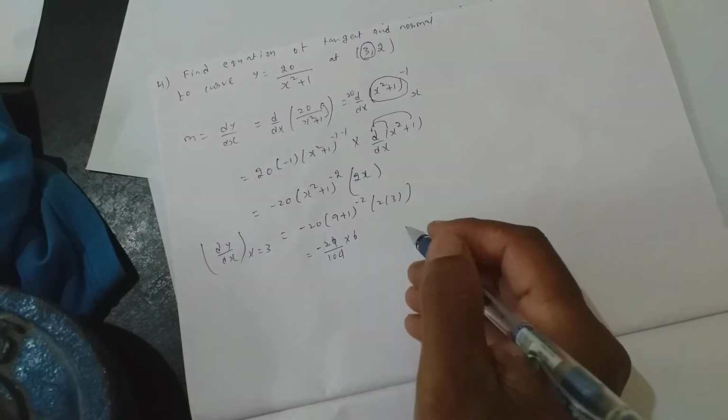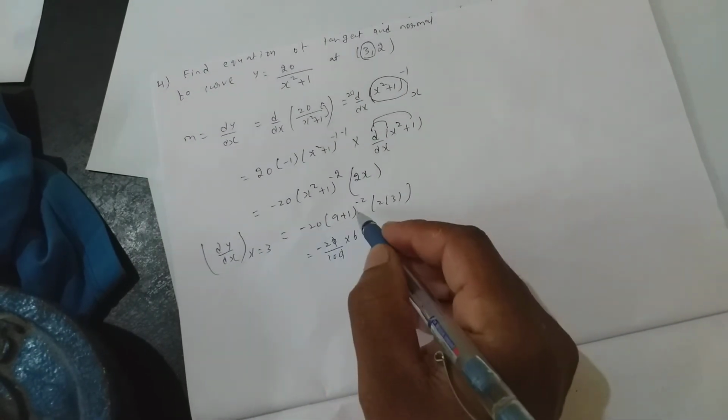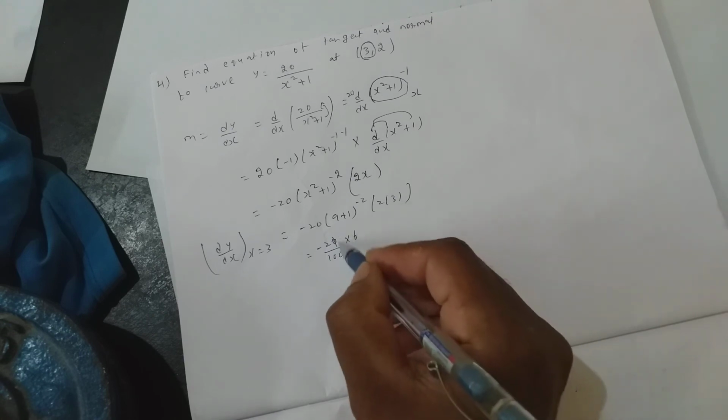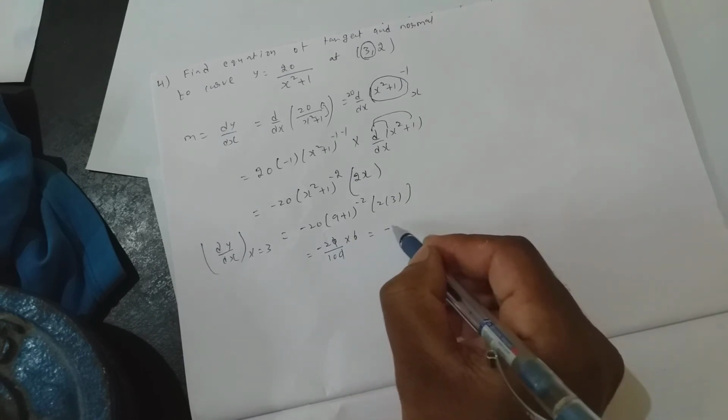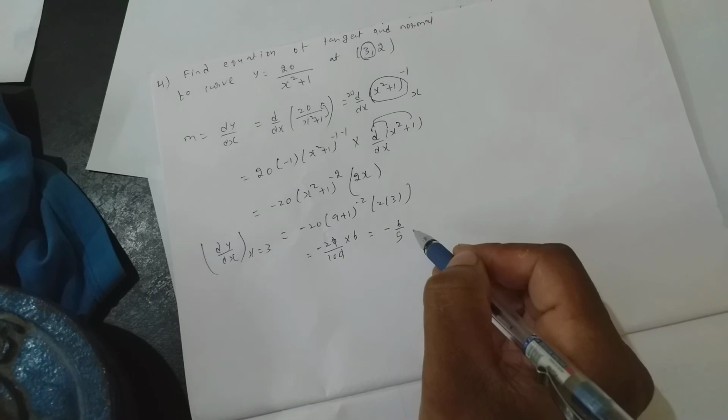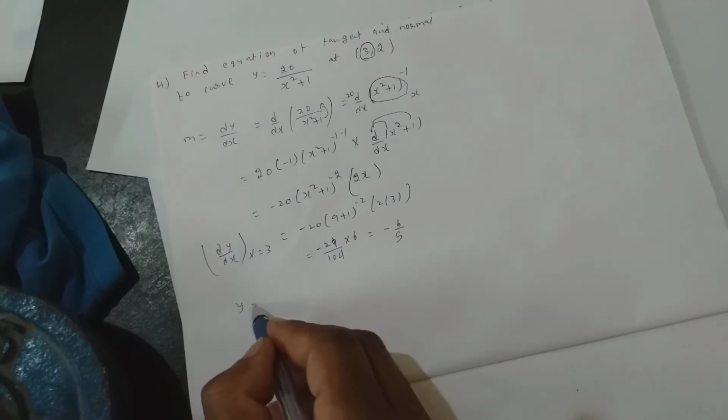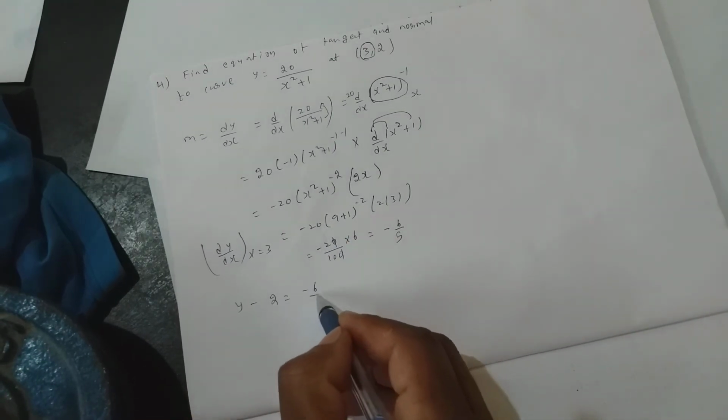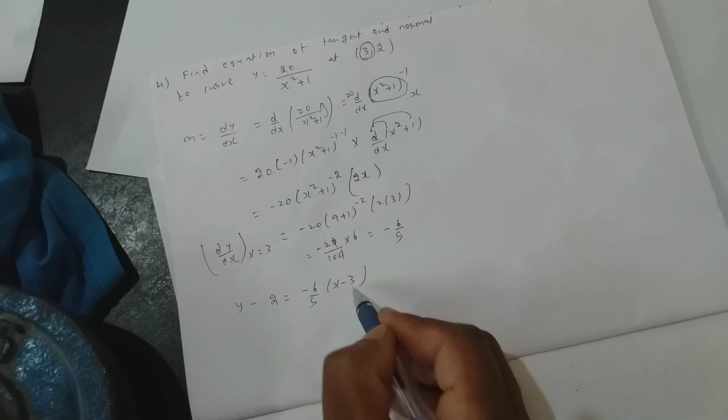So how much will the slope become now? 20 by 10 power minus 2 is 100 into 6. Cancel the zeros. It will become minus 6 by 5. So the equation of my tangent is y minus 2 equal to minus 6 by 5 times x minus 3.